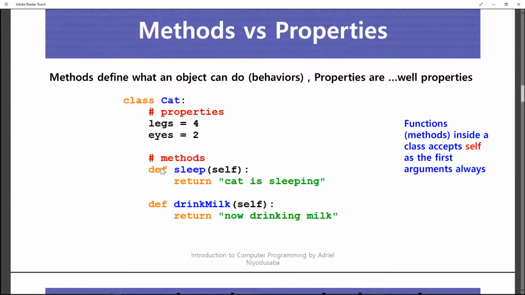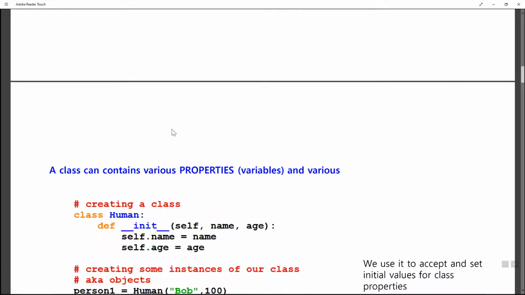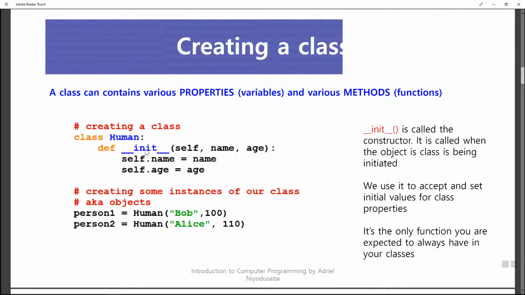We also saw what the methods and properties are. Basically, we saw that methods are like what the object can do, the behaviors, and the properties are, well, just properties. Now it's important to see the difference between these properties we have here and the properties we define by using the constructor method.